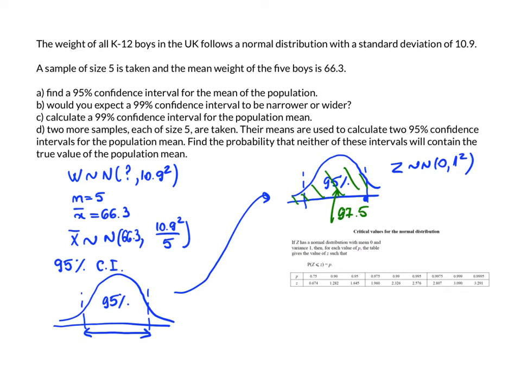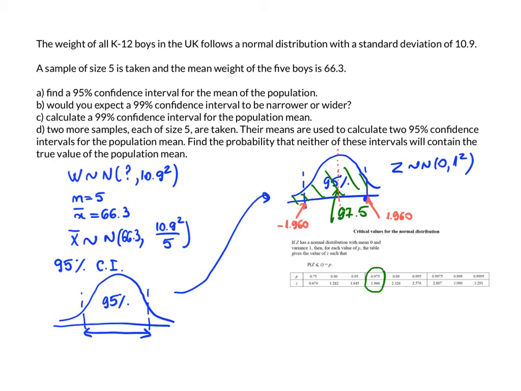I can see that the z-score corresponding to 97.5% is 1.960. Therefore, this will be 1.960, and this point here will be minus 1.960 due to the symmetry in the standardized normal distribution. It has a mean of 0.